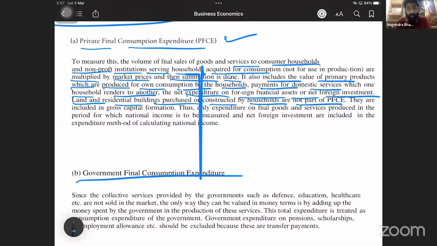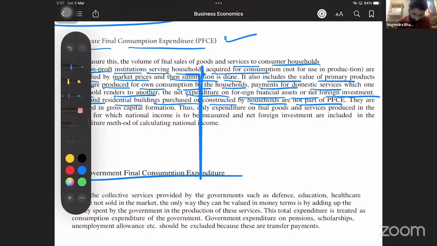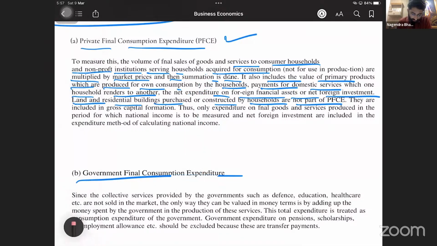So if you see that, the payments for domestic services are included, but the net expenditure on foreign financial assets or net foreign investments, land and residential buildings purchased or constructed by households are not part of PFCE.